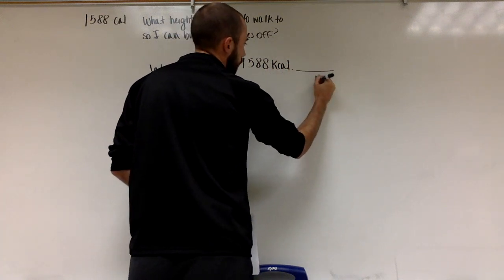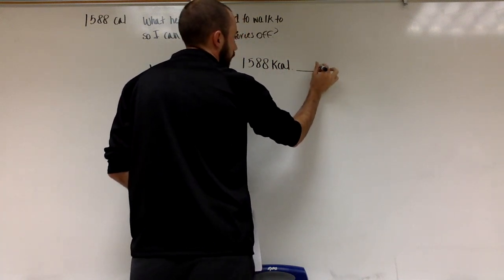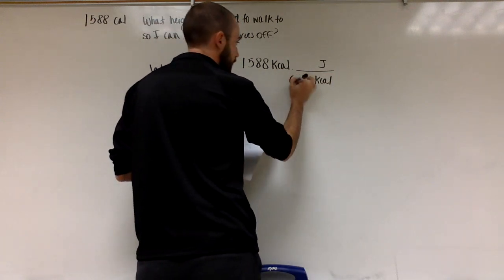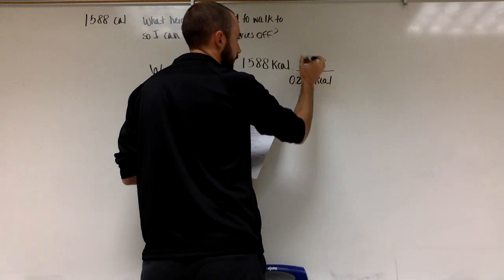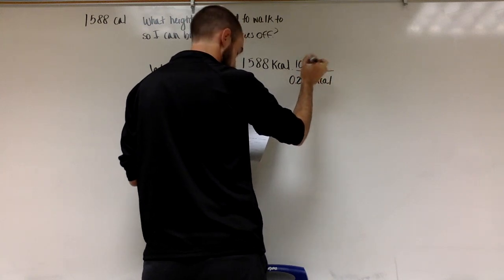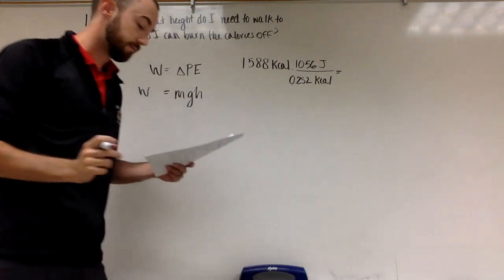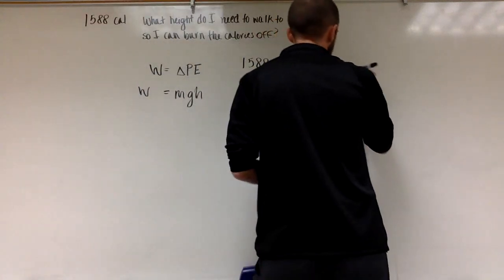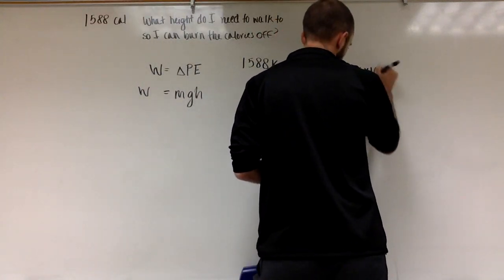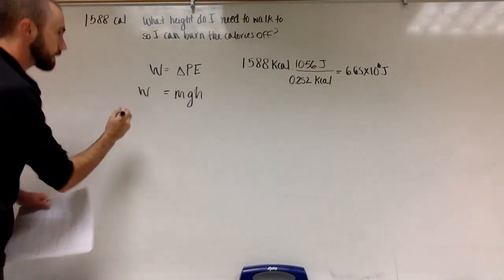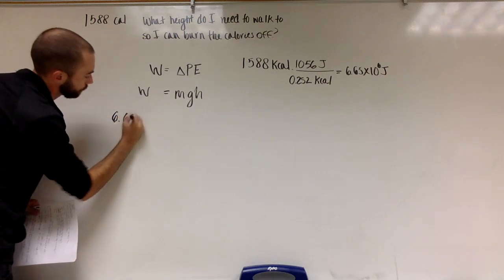And from what I had before, a kilocalorie, I have 0.252, and for joules, I have 1056. When I plug that in, I find out that it's approximately 6.65 times 10 to the 6th joules, which I will promptly come over here and write down.